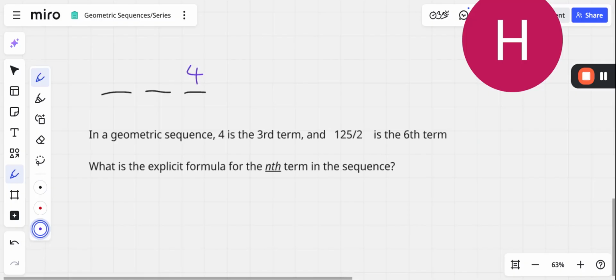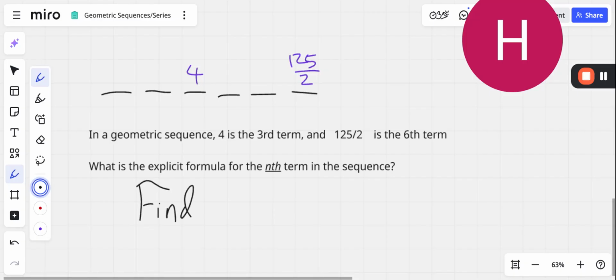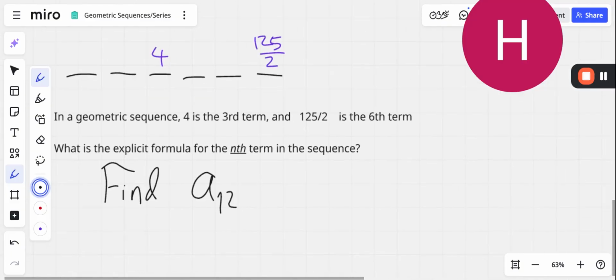So here we have 4, and here we have 125 over 2. You could think of it also as 62.5. The question is, what is the formula for the nth term of the sequence? And then I want you to find A12. You can write your answer as a simplified fraction.